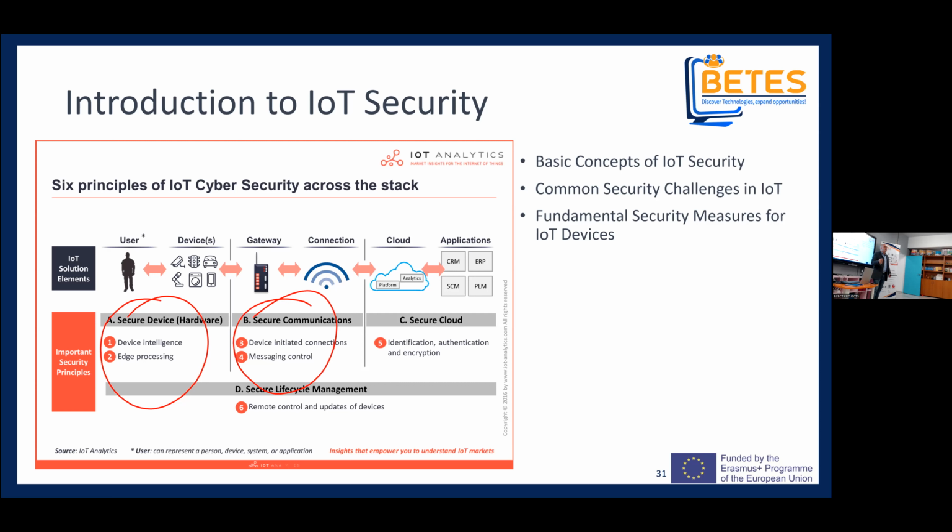We don't want someone to press the remote control and, instead of opening his door, our door opens. So communication is important. And also, it's important to have a secure cloud, to make sure that nobody has access to our account on the internet. So it's important for IoT to be secure.